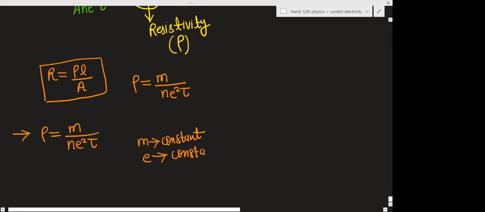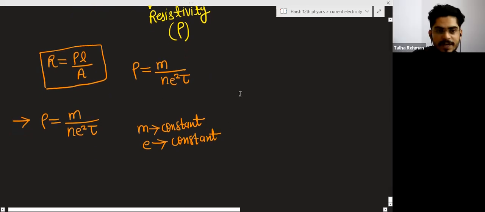So you can say that resistivity rho depends upon small n and tau.